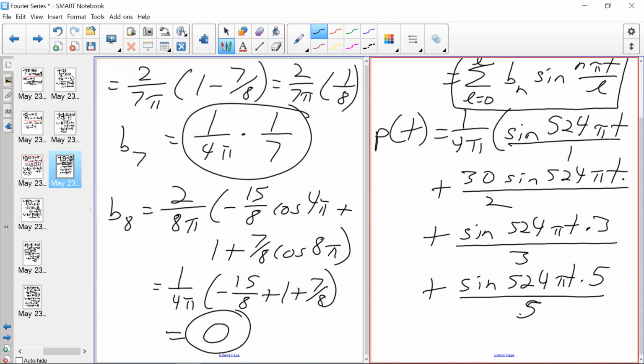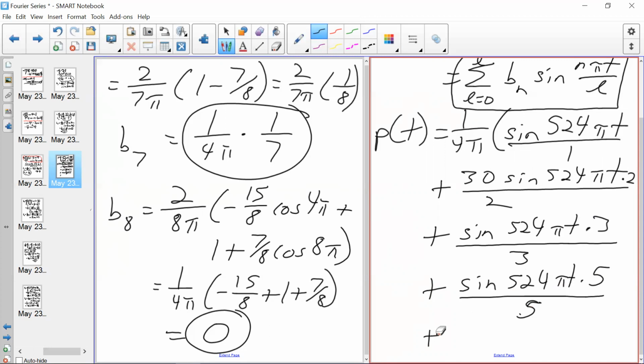And like I said up here, this is going to be multiplied by 2 because remember, this is sine 524, which is 1 over L, 524, n, where n is equal to 2 pi t, n is equal to 3 pi t, n is equal to 5 pi t, divided by the 5th. Why is this denominator there? It's the 5th term in the series, but moreover, it's 1 over 4 pi times 1/5.